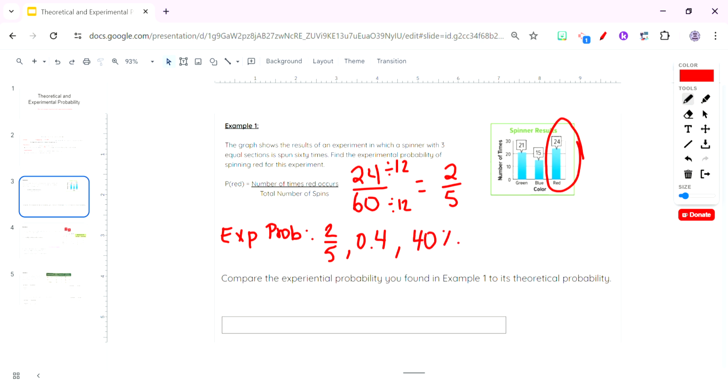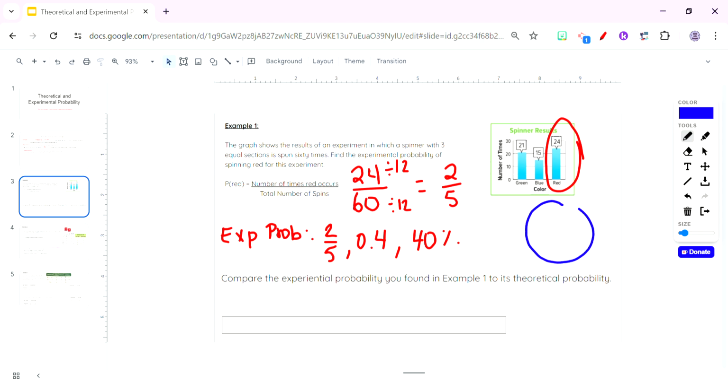Okay, and next it says compare the experimental probability you found in example 1 to its theoretical probability. Okay, well before we can compare, we need to figure out what is the theoretical probability. So let's just say we have this spinner, okay, and we have a green, a blue, and a red section. Okay, let's focus on the section that's red.